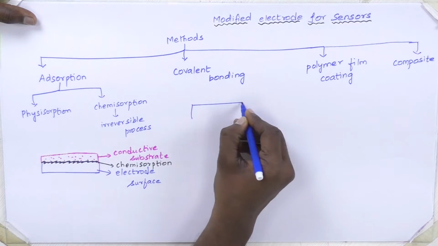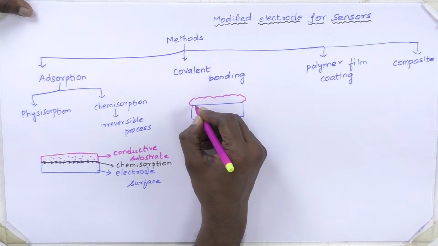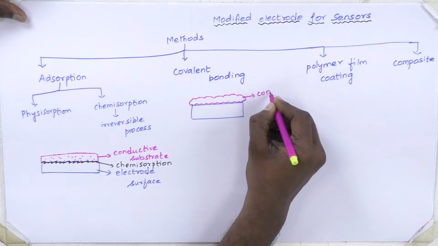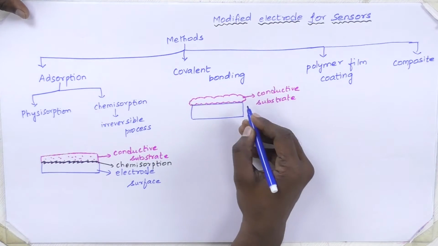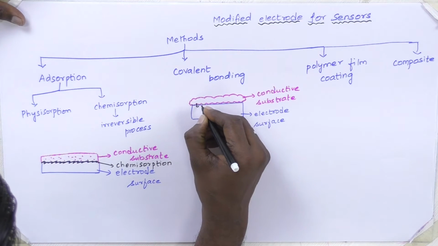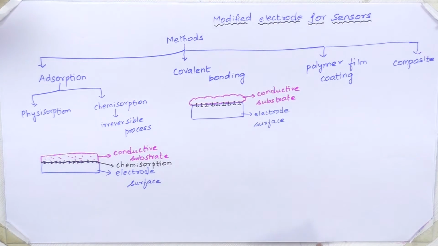This is one method. Another one is covalent bonding. The electrode surface is coated with a conductive substrate. Imagine this as a conductive substrate and this as an electrode surface. The conductive substrate forms a covalent bond with the electrode surface.